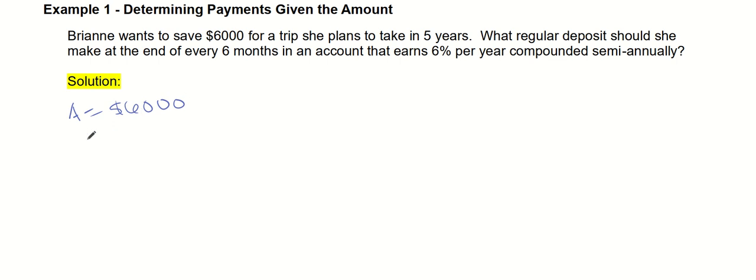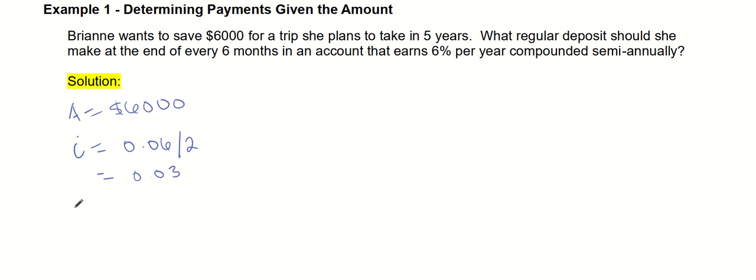And the interest in this case will be 6%. That's per year. But when is it compounded? It's compounded semi-annually, so divided by two. Semi-annually is two, so it's compounded twice a year, and that will equal 0.03.